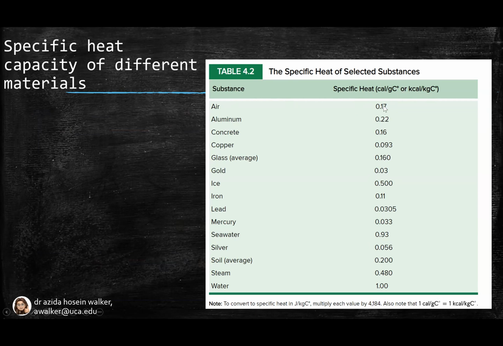If we look at the table, air has 0.017 calories for every gram of air that we want to change the temperature by 1 degree, whereas water has 1 calorie for every gram of water we want to change the temperature by 1 degree Celsius. So in this list of items, water is the one that takes the most energy to change its temperature.